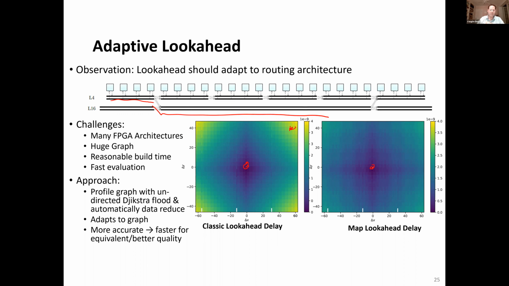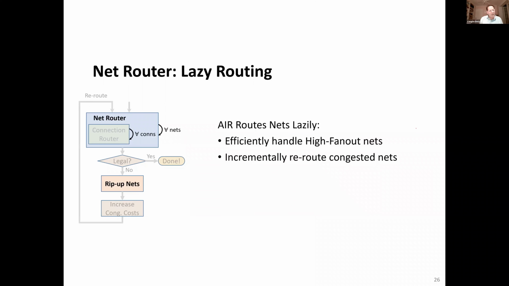It understands that from this point, it actually could get out here in about 2 nanoseconds because it has the option of going from the short wires onto the long wires and back again. And none of that is hard-coded. It just automatically adapts to whatever routing graph you give it. The challenge is to make it do that in a reasonable runtime, but it does do that. Okay, so that's increasing the adaptability of the tool.